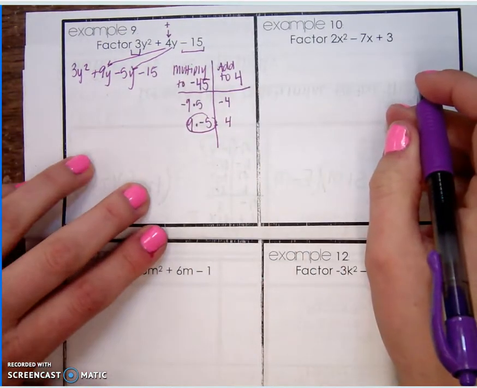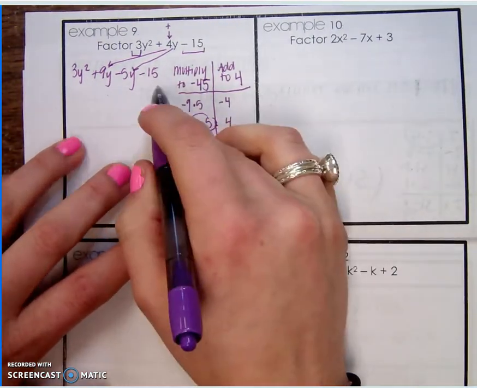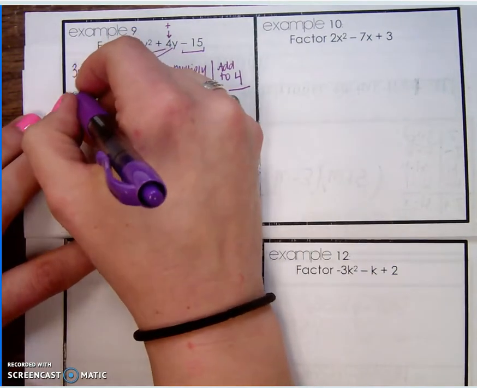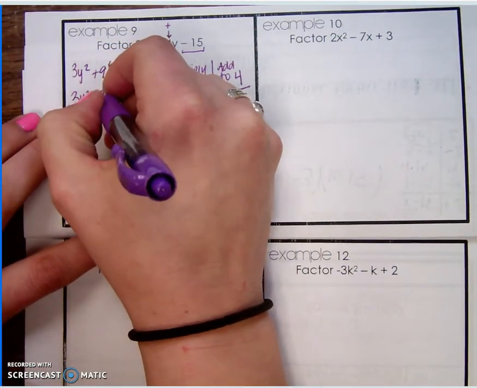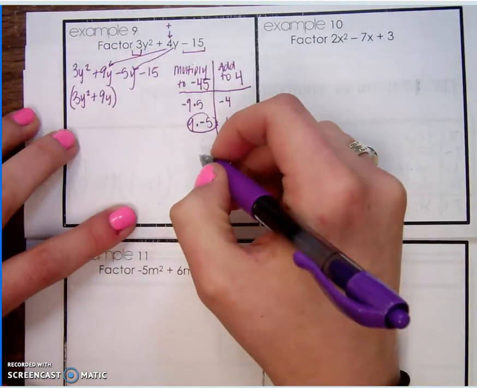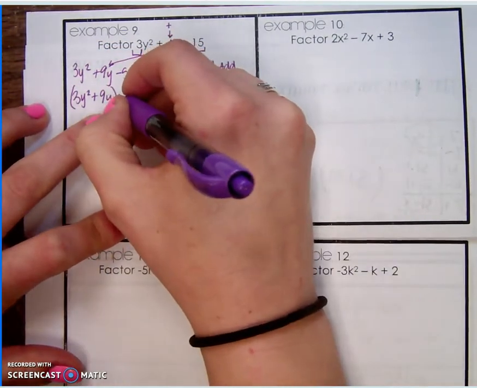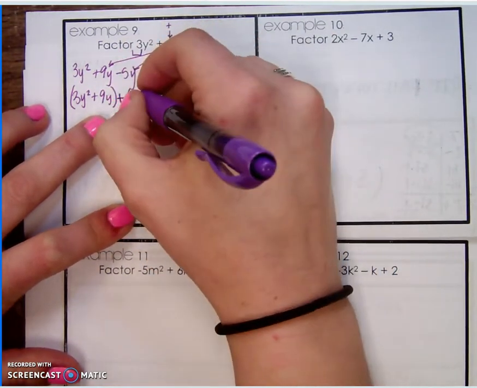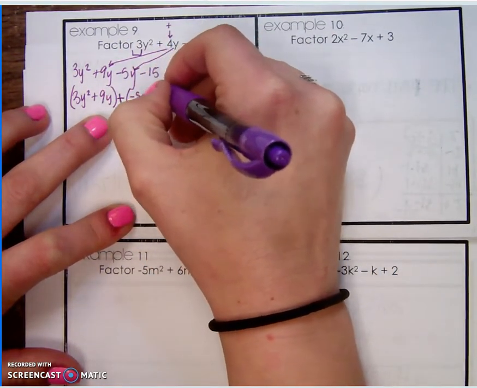Now that I have this entire expression, I'm going to split it into two binomials. So I have 3y squared plus 9y, that's going to be the first one, and then plus this negative 5y minus 15.